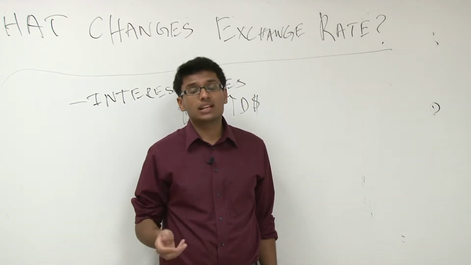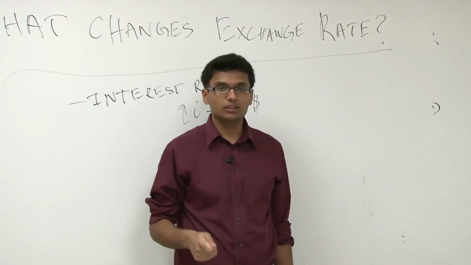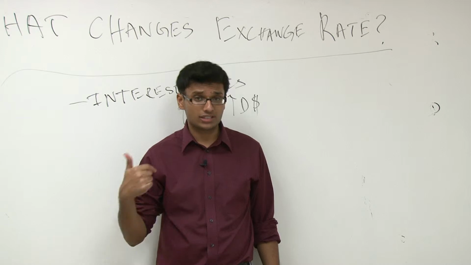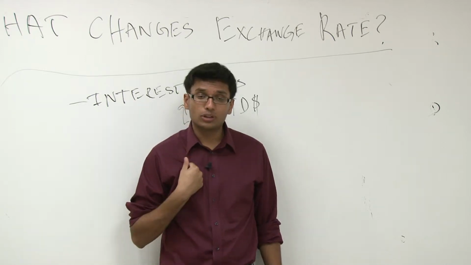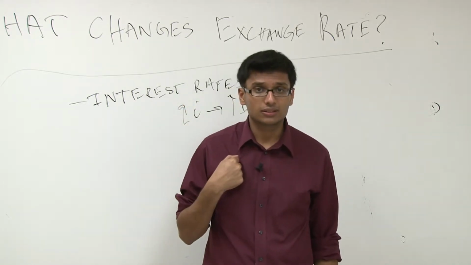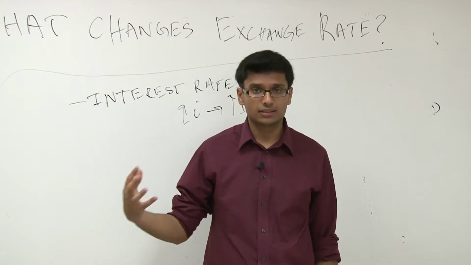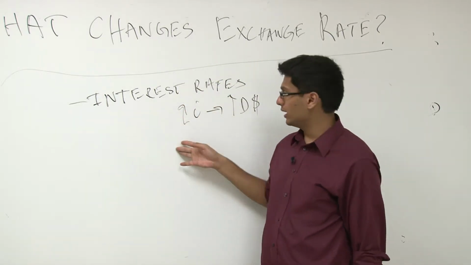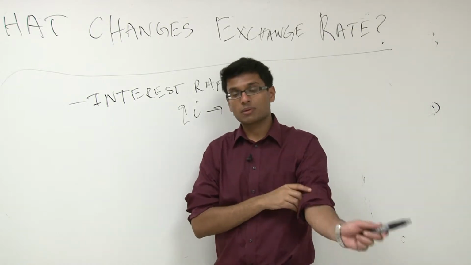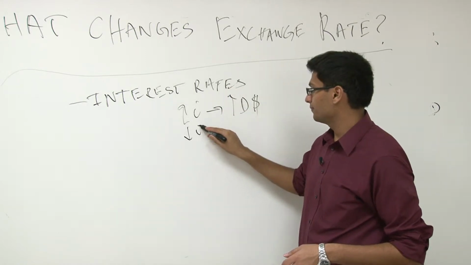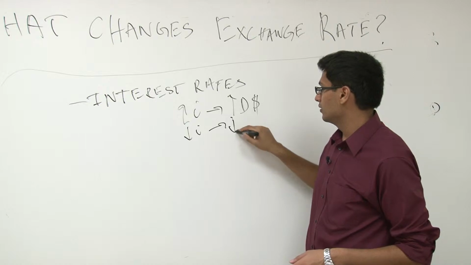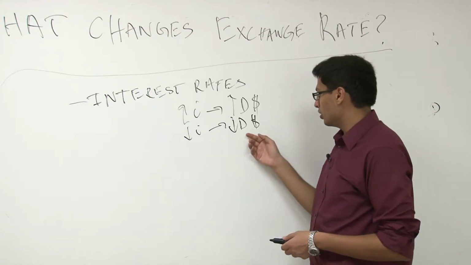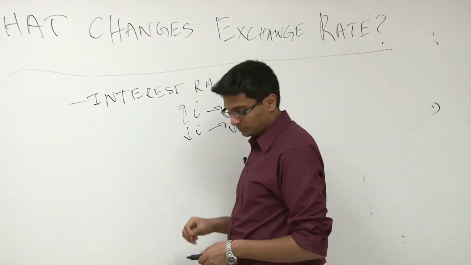Interest rates going up means that if I put money in the US economy, in the US bank account, I'm going to get higher interest. And if there are higher interest rates than in my country, I'm willing to put my money in the dollar, because I get more money back. So if the interest rates go up, the demand for that currency goes up. If the interest rates go down, the demand for that currency goes down. Again, dollar being just an example.